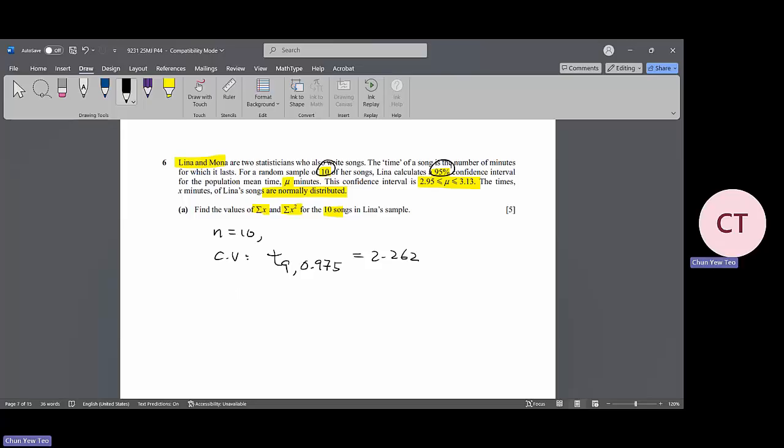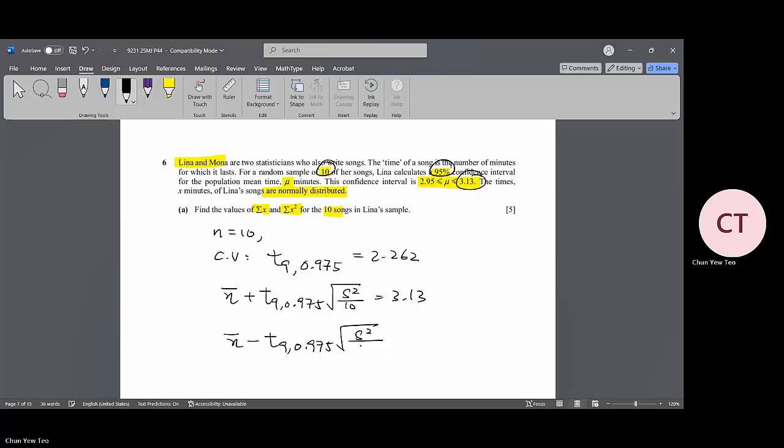Then x bar plus t multiplied by the square root of s squared divided by n, where n is 10, is equal to the larger value, 3.13. And x bar minus t times the same term is equal to 2.95.